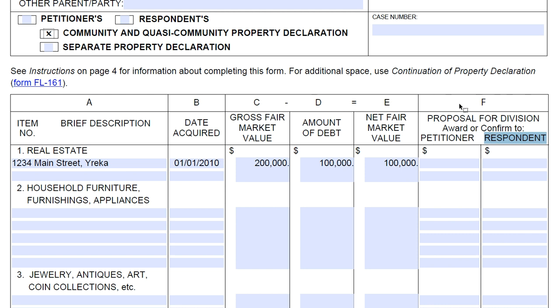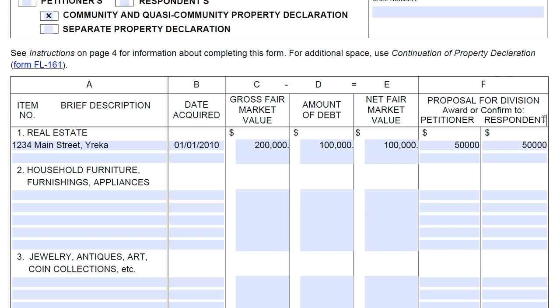So the law would suggest that petitioner's share would be half of the net fair market value, and that respondent's share would be the other half of the net fair market value.